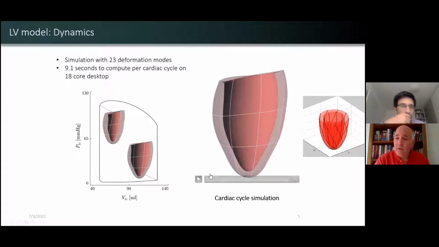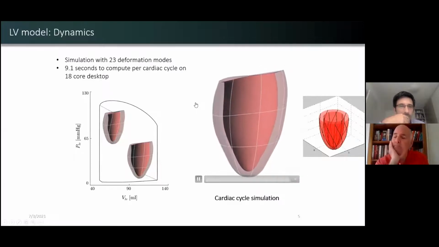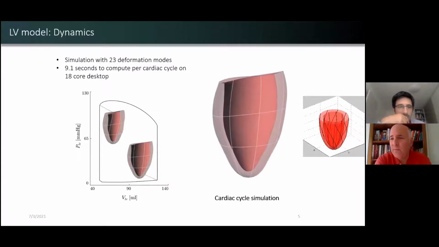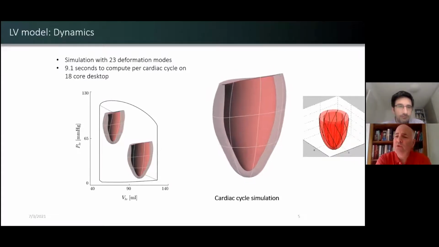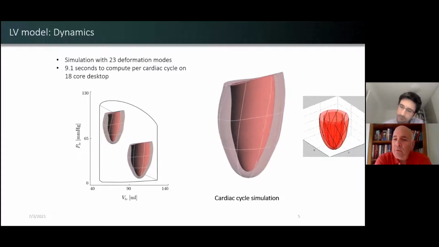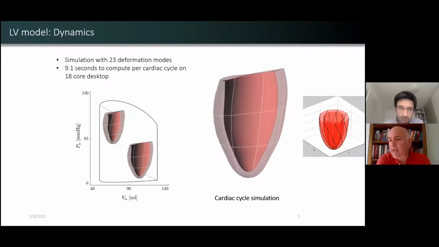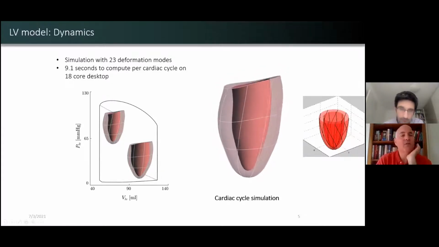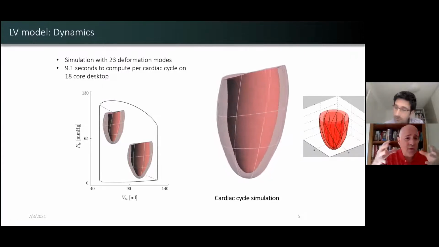Along with that, in order to get these properties out, we need a mathematical model. This is the sort of characterizing or defining feature of our model that's different from what you might have seen with, for example, finite element models: this is what we would call a reduced order model, meaning that the three-dimensional LV model that you're seeing uses 10 degrees of freedom to describe the kinematics, whereas the axisymmetric model that you see over in the corner uses three variables to describe the base to apex motion of the heart, the twisting motion, and the contraction.